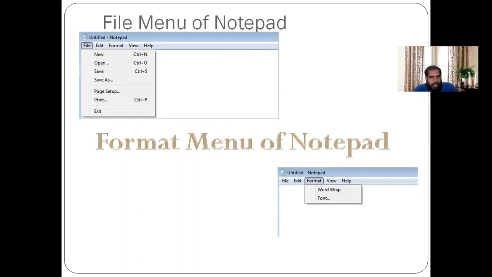Save as दूसरी जगह या दूसरे नाम से सेव करना चाह रहे तो you can use the save as option. All right, page setup, आप पेज को कुछ सेटअप करना चाह रहे, you will have two options, दो options होंगे उसके अंदर, portrait और landscape. Then print option, the shortcut key is Ctrl+P. You can make a note of the shortcut keys and try to learn them by heart, so that when you use them you will find it easy.